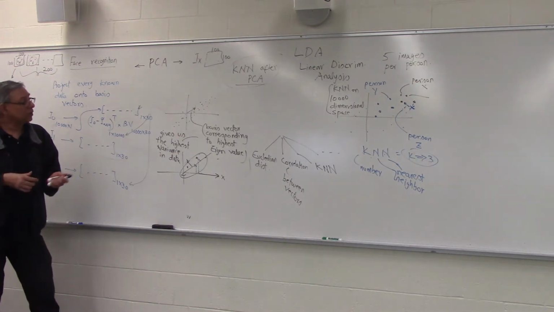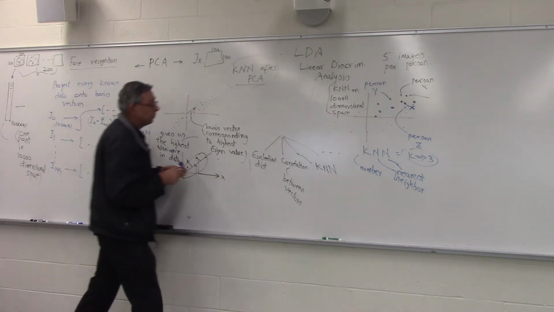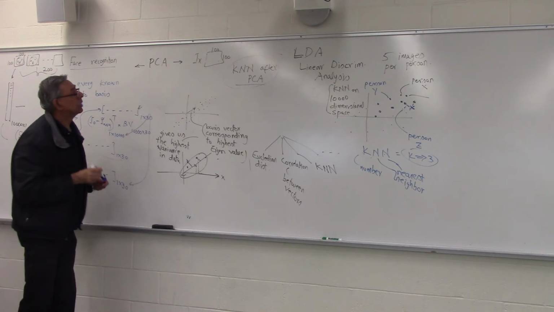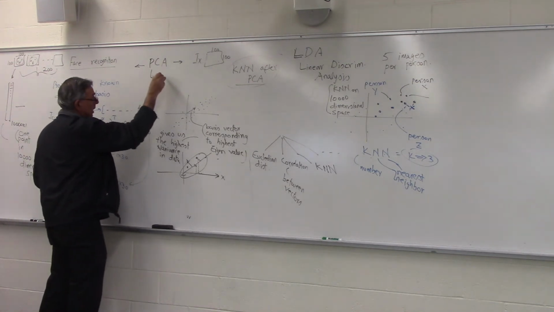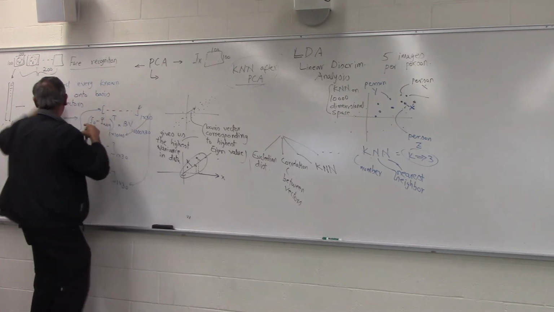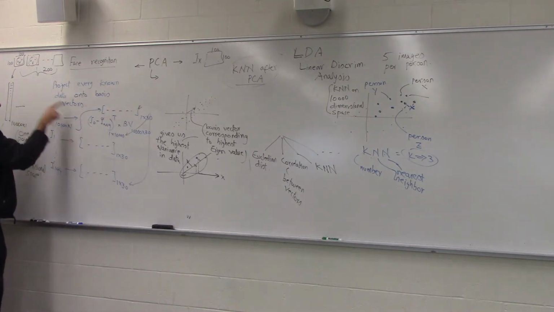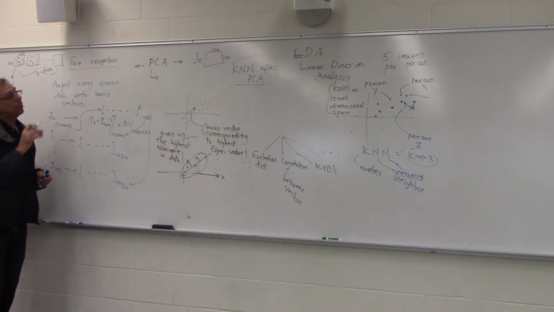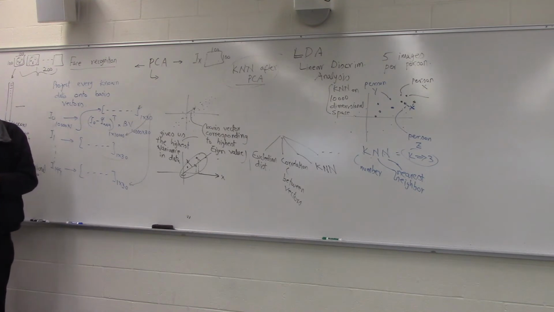Okay, so now to give you the motivation for the LDA. The drawback of the PCA is, when we assembled the matrix or computed the eigenvalues, did we ever tell it which one is which person? Never.